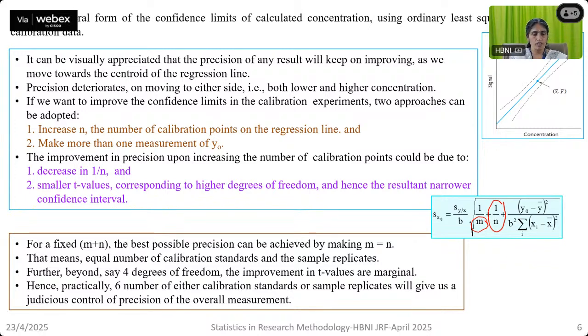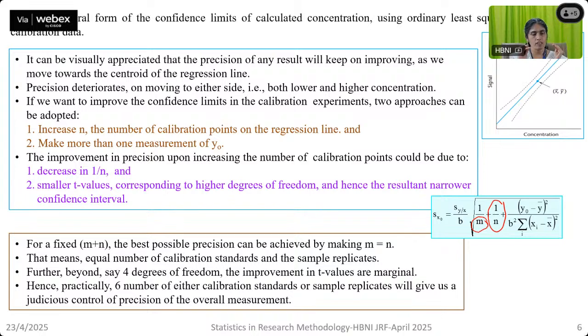For example, if you do a combination of both the number of repeated measurements and the number of calibration points, it can be mathematically shown that for a fixed total number, for example, we are fixing the time duration of the entire experiment, then the total number of experiments to be conducted will be fixed.